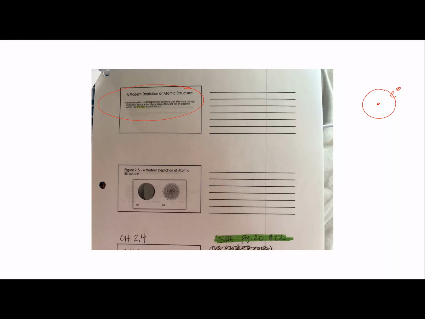So it's a simplification or maybe a model of atomic theory, but it's not exactly true. What it really looks like is this mess right here. The nucleus is the dense part in the center, and you can see all the electrons are kind of out there around, but they're not traveling in elliptical or orbital paths.